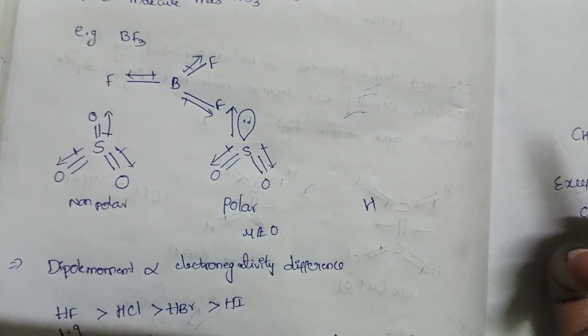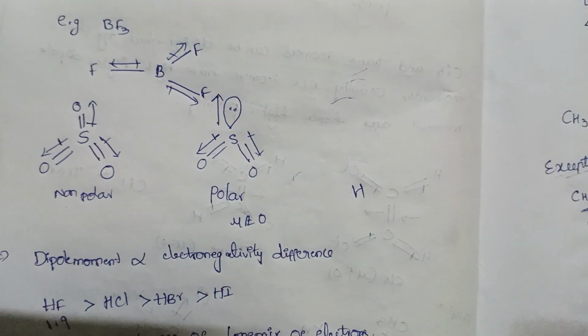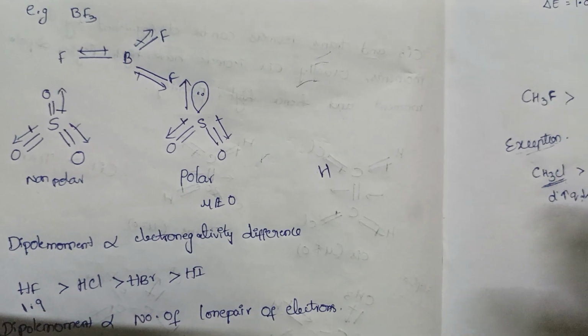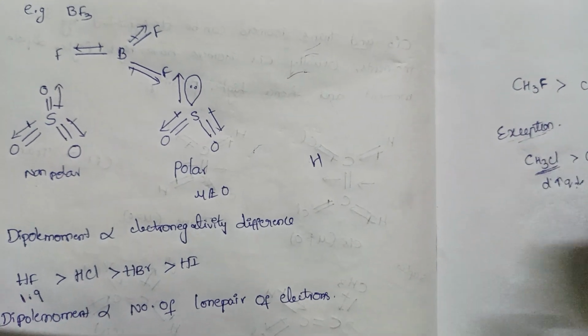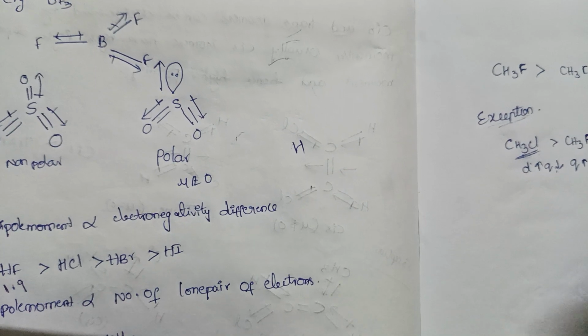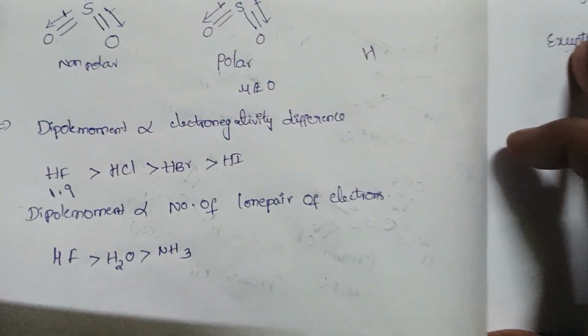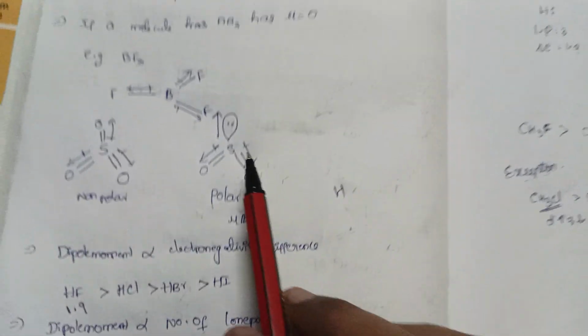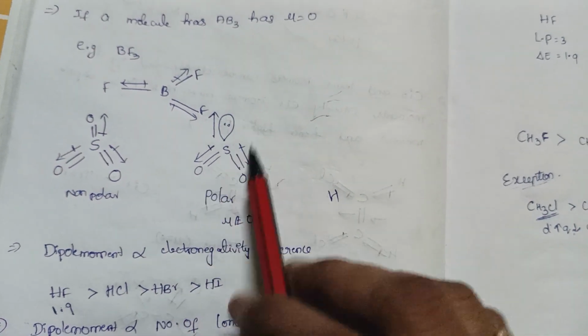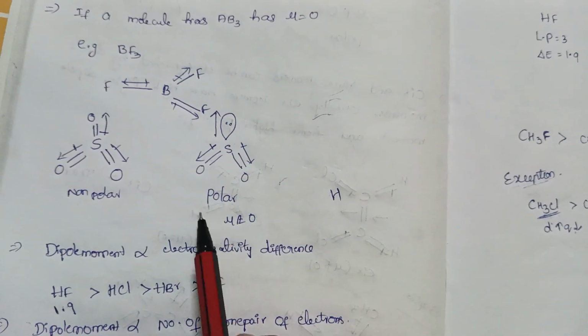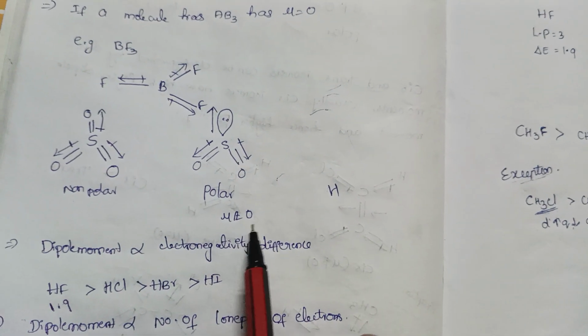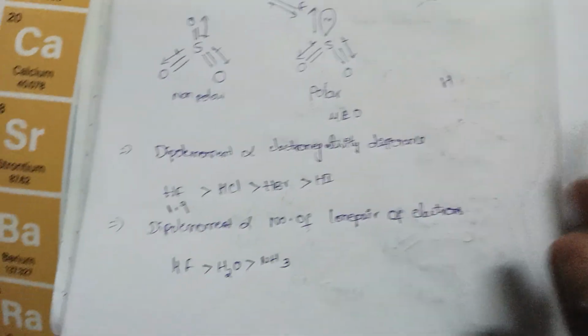If lone pairs are present, the molecule is almost 99% a polar molecule. In some cases, there are exceptions, but mostly it is not cancelled, so the dipole moment is not equal to 0, and it is a polar molecule.